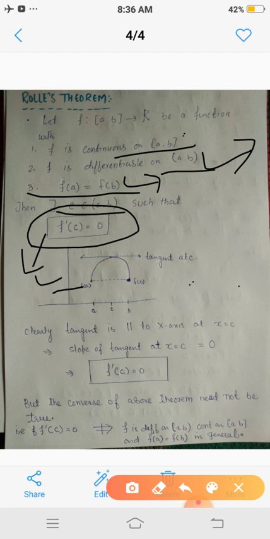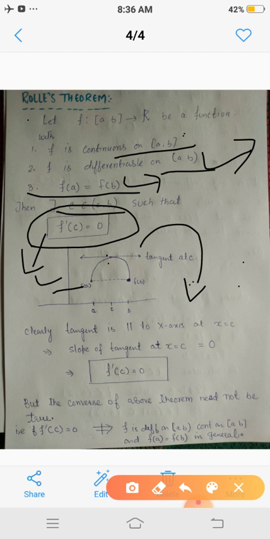Now clearly at c there is a point on this graph. When we draw a tangent at this point x equals c, this tangent is parallel to the x-axis. When the tangent is parallel to the x-axis, the slope of this tangent equals the slope of the x-axis, because you studied in class 11th that the necessary and sufficient condition for two lines to be parallel is that their slopes must be equal.